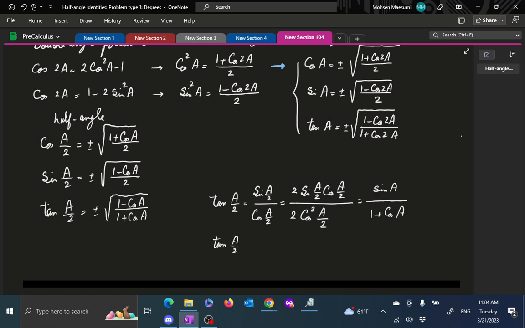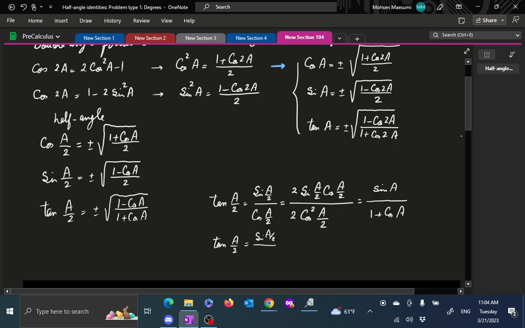Tangent of a over 2, again I start with the same thing, sine of a over 2 over cosine of a over 2. This time I multiply numerator and denominator with sine, so this becomes sine square of a over 2 over cosine of a over 2 times sine of a over 2. So I multiply numerator and denominator with the same thing.